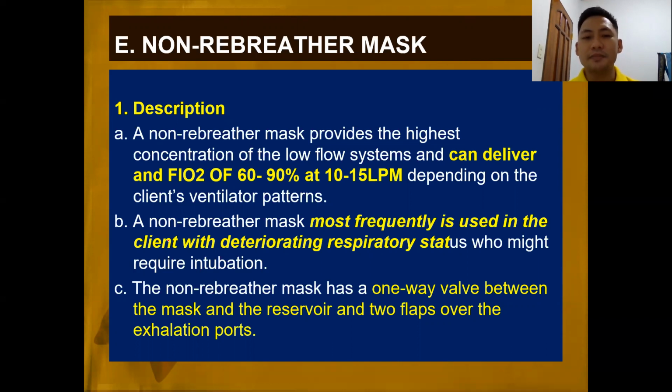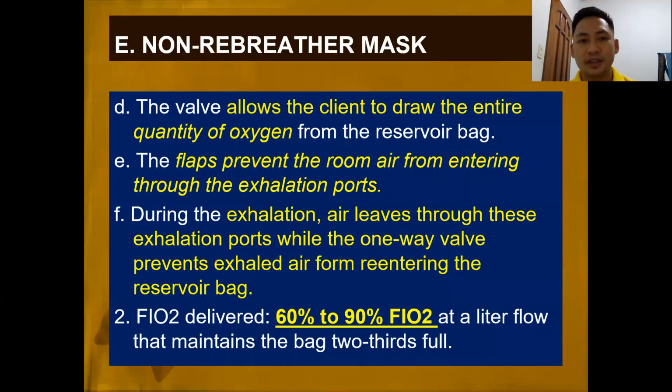A non-rebreather mask is most frequently used in clients with deteriorating respiratory status who might require intubation. The non-rebreather mask has a one-way valve between the mask and the reservoir bag and two flaps over the exhalation ports. The valve allows the client to draw the entire quantity of oxygen from the reservoir bag. The flaps prevent room air from entering through the exhalation ports.